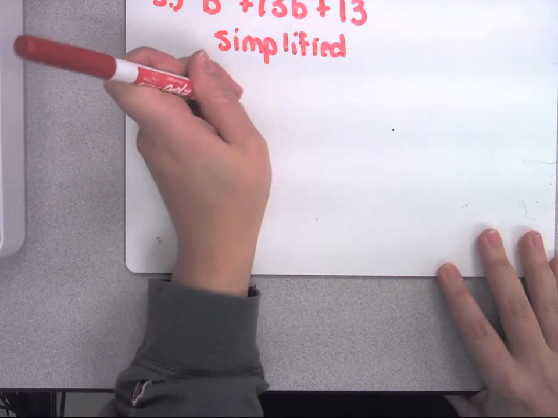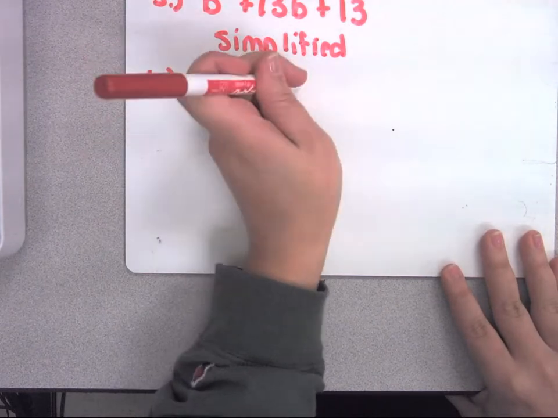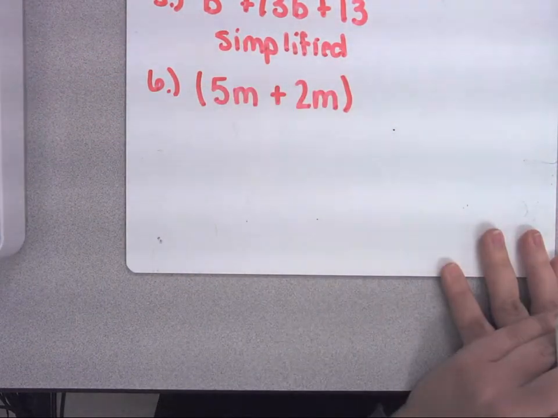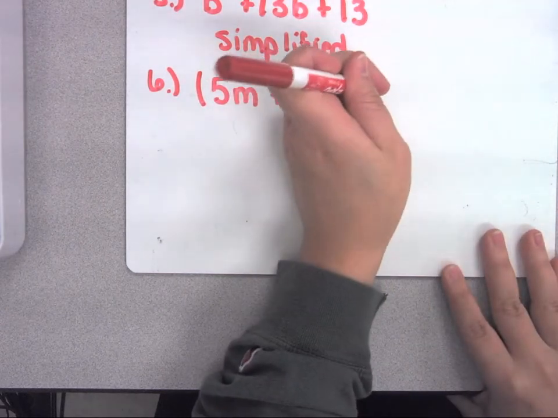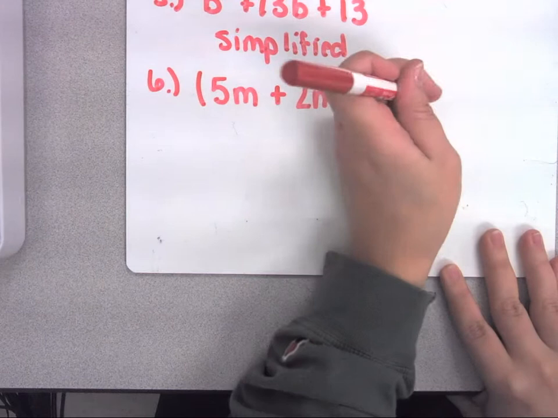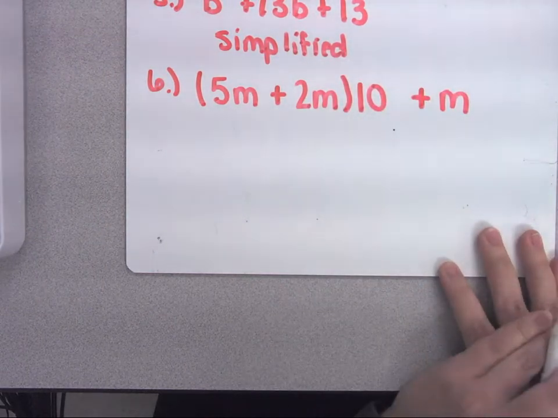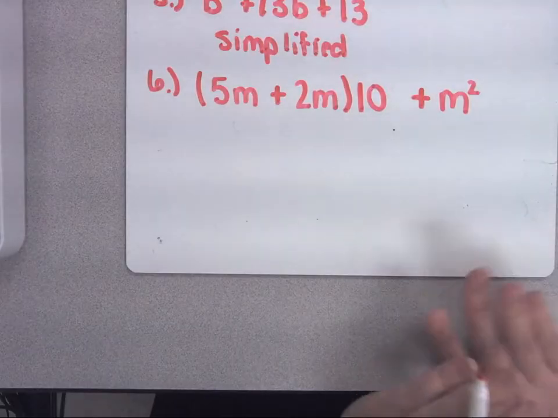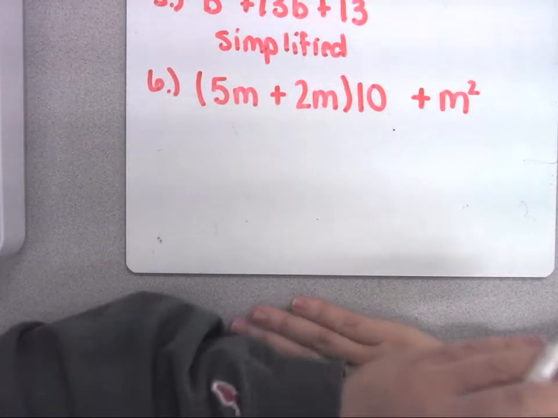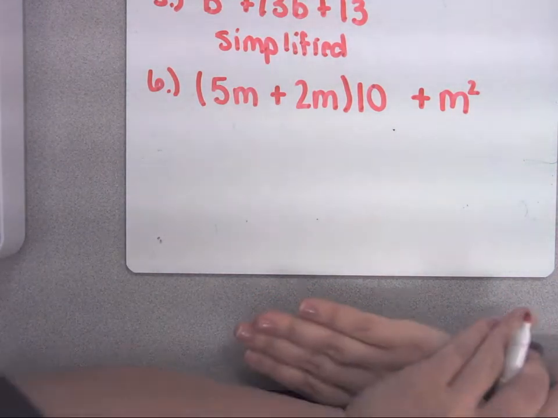Parentheses 5m plus 2m parentheses 10, see where it's at, plus m squared. Okay? Now, looking at this problem, think back to what our order of operations tells us to do. That may help you out.